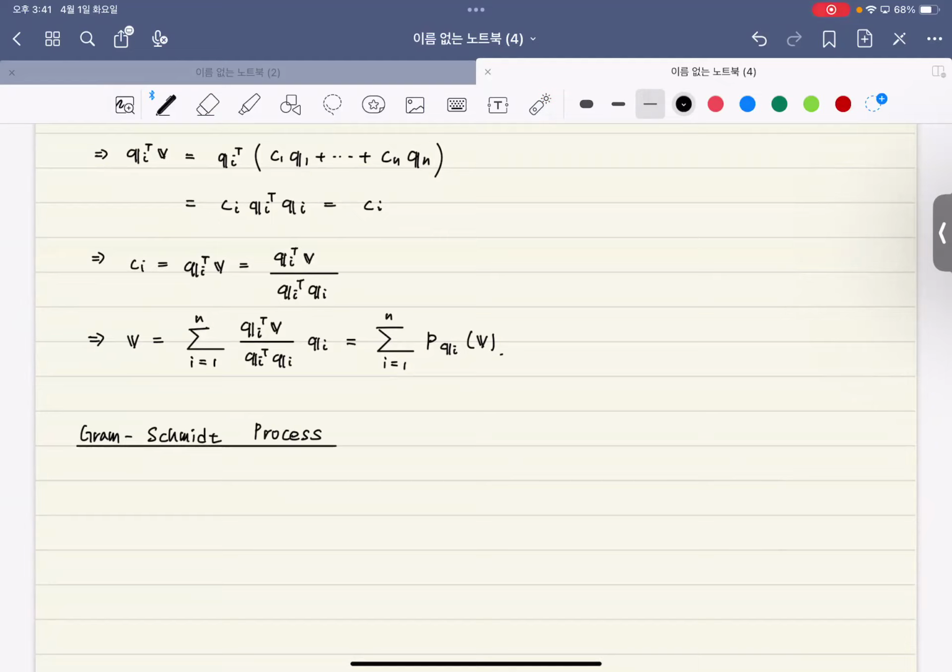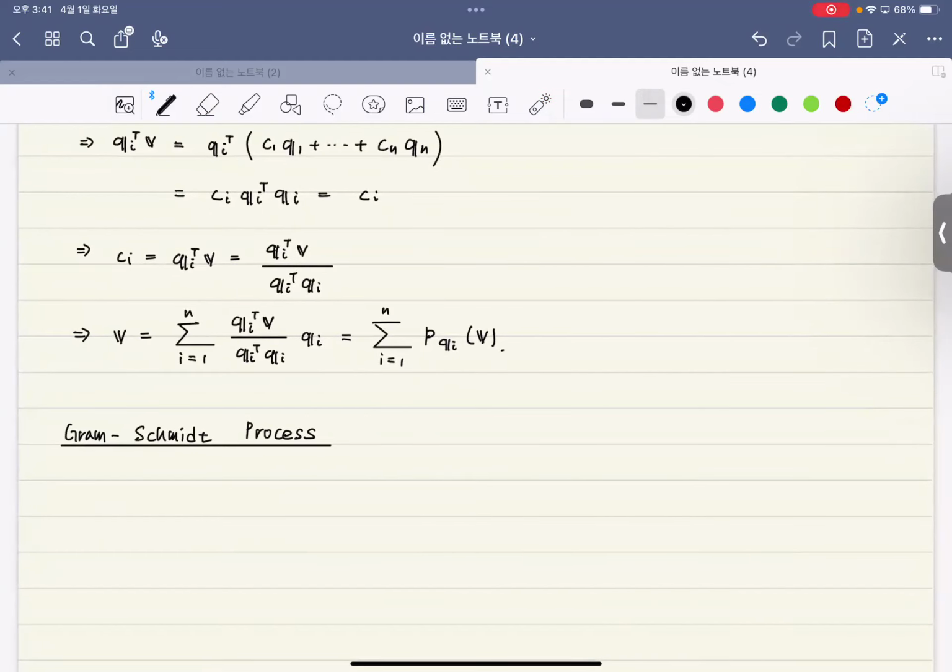So what is the Gram-Schmidt process, or the Gram-Schmidt algorithm? It goes like this. Suppose that you have some vector space, any vector space. Then you can always find some random basis vectors for that vector space. Given those random basis vectors, if you apply the Gram-Schmidt algorithm to them, then that algorithm will give you back an orthonormal basis for the same vector space.